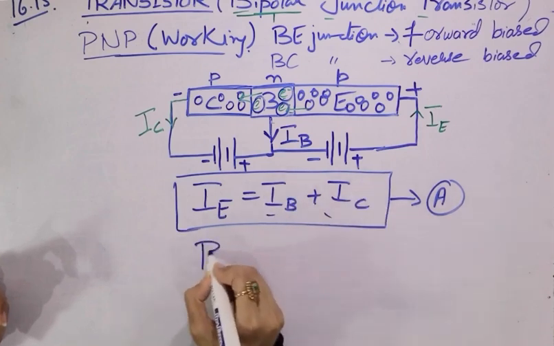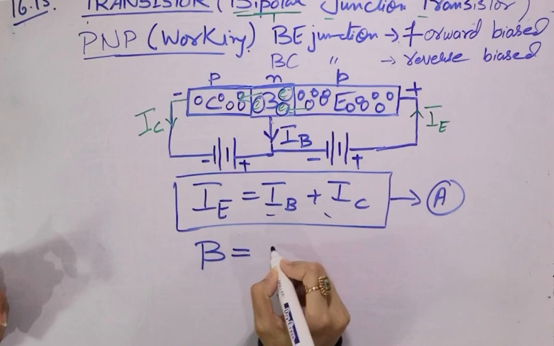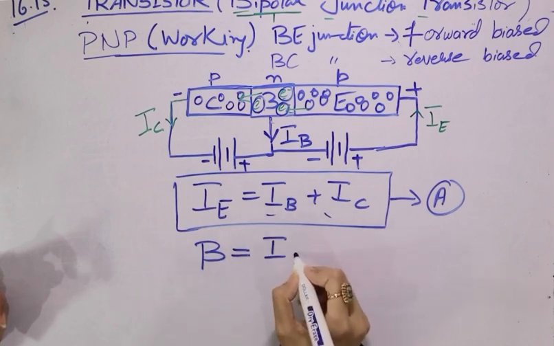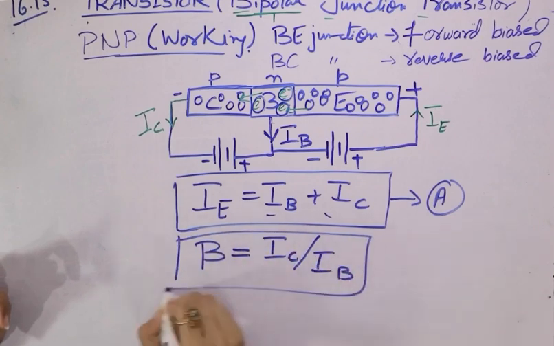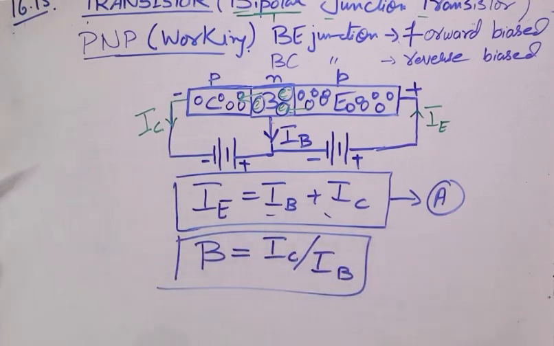Then again आपके पास beta DC gain for this is also IC over IB. These are important 2 equations, and most of the numericals or problems of transistor, they rely on these 2 equations.